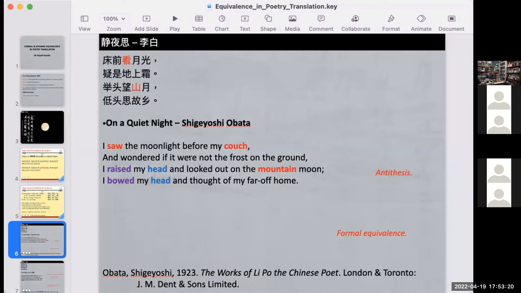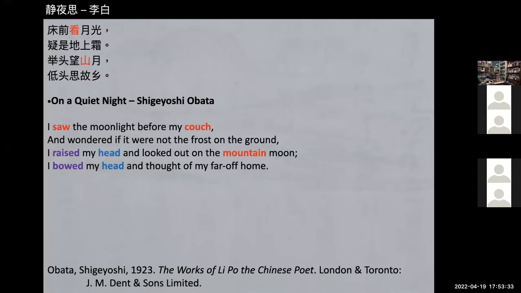So if we try to analyze his translation and try to see if it's formal or dynamic. I saw the moonlight before my couch.